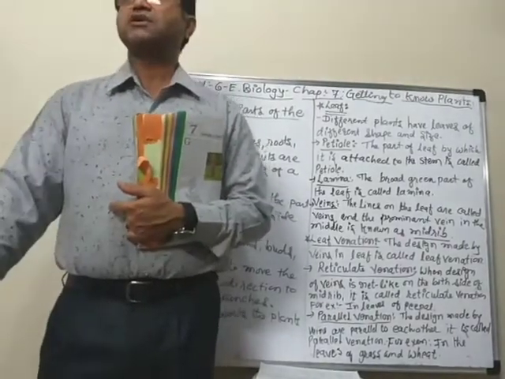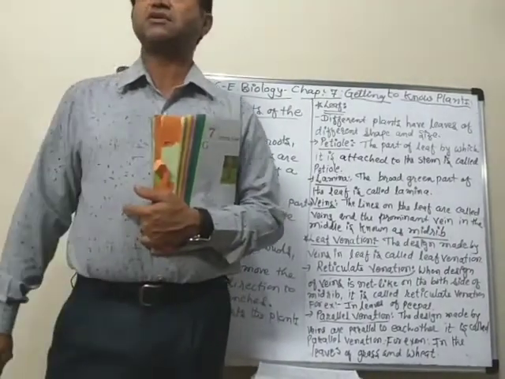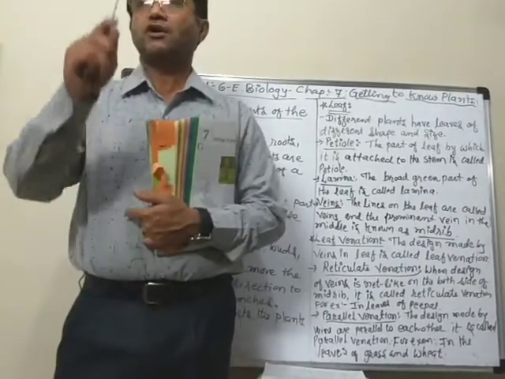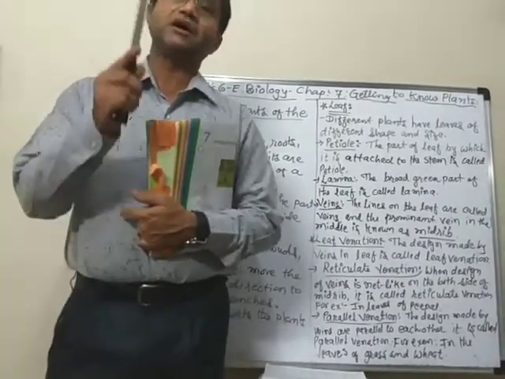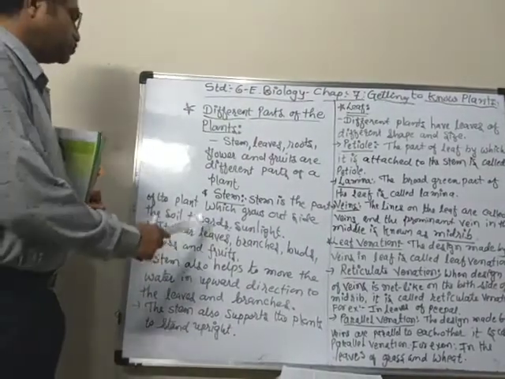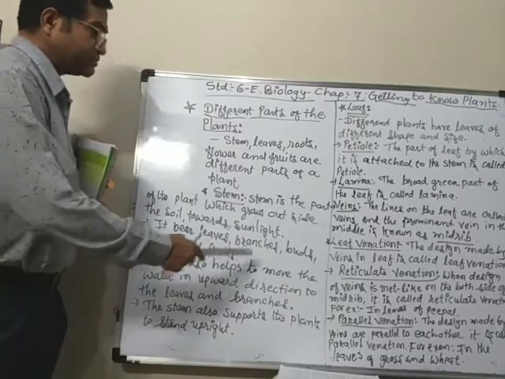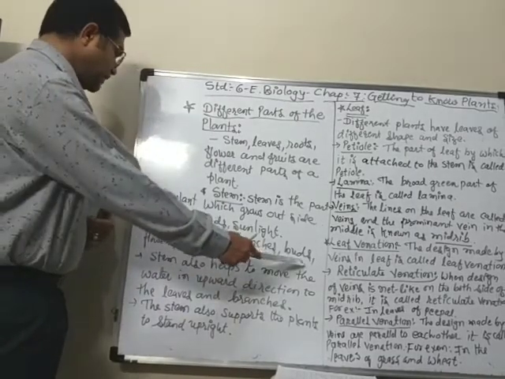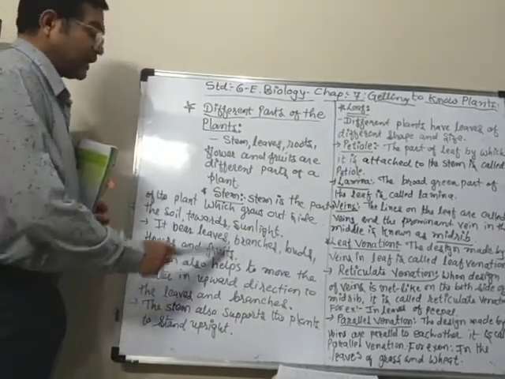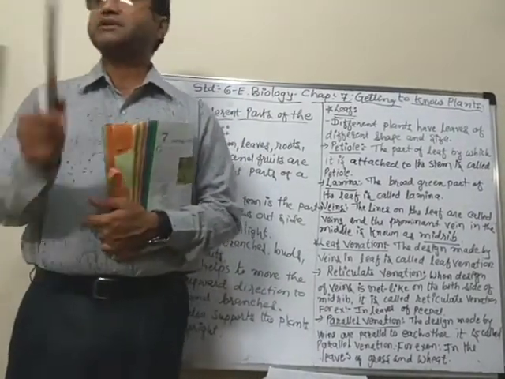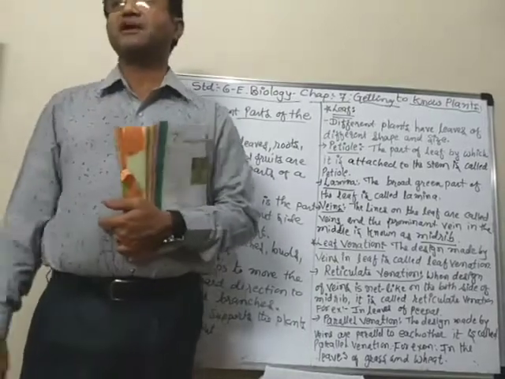While the root is going inside the soil, generally the stem grows outside the soil and toward the sunlight. It bears leaves, branches, buds, flowers and fruits. If you see the stem, it can have different branches.